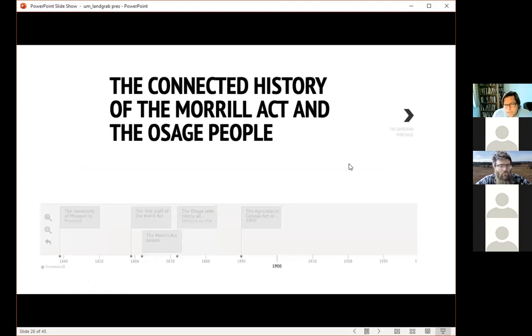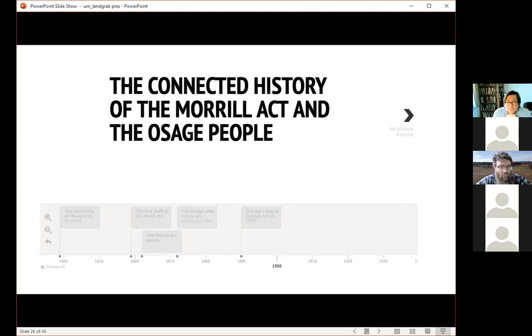Here is a timeline put together by Fox. Sorry, not Fox, Vox, using the data. I'd be surprised to see this on Fox. This was produced by journalism students at the University of Missouri.